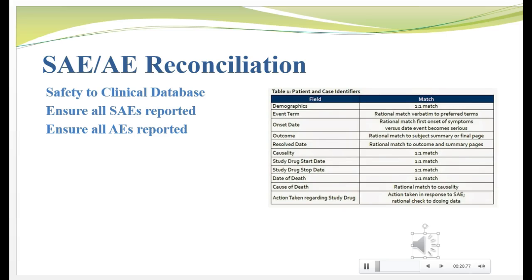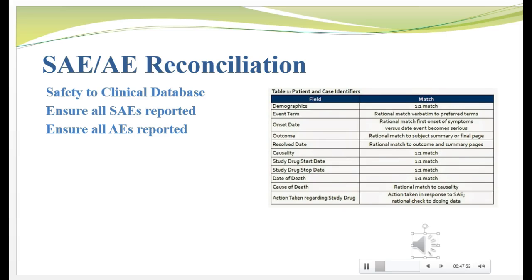But what you have to compare it to is the serious adverse event information, which does not come into the clinical database on a case report form. However, there are a number of commercial databases that are built just to handle serious adverse events. They're called safety management systems or safety databases, and I'm going to talk to you in a second about a few of the commercial ones out there.